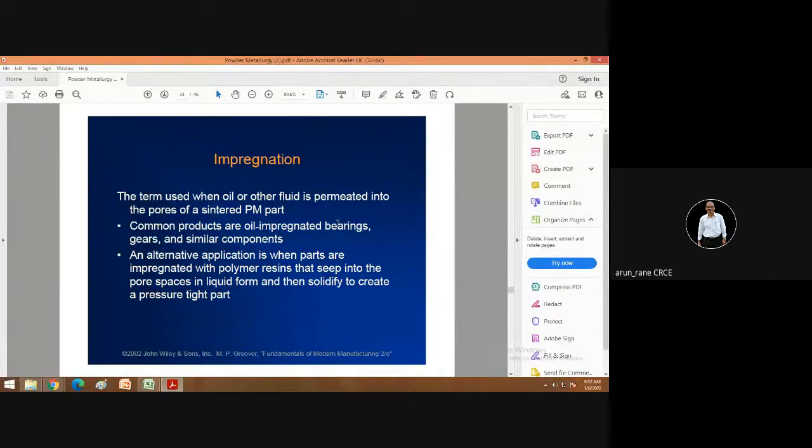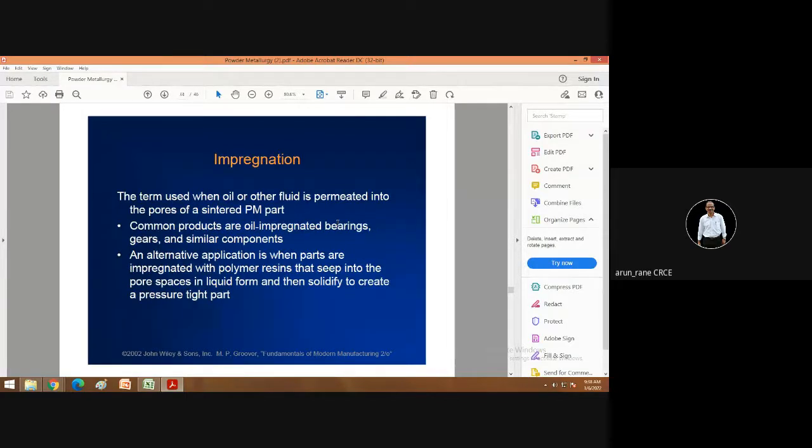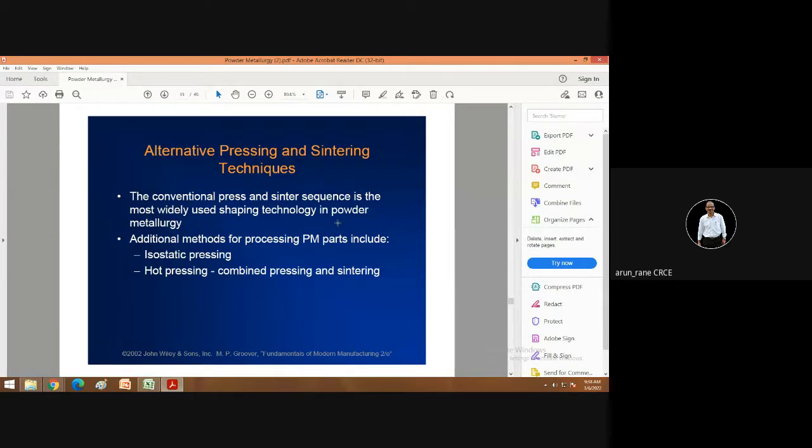So that is nothing but impregnation. Then you have infiltration. Infiltration is the operation in which the pores are filled with a molten metal. In impregnation we put oil, and in infiltration we put a molten metal.